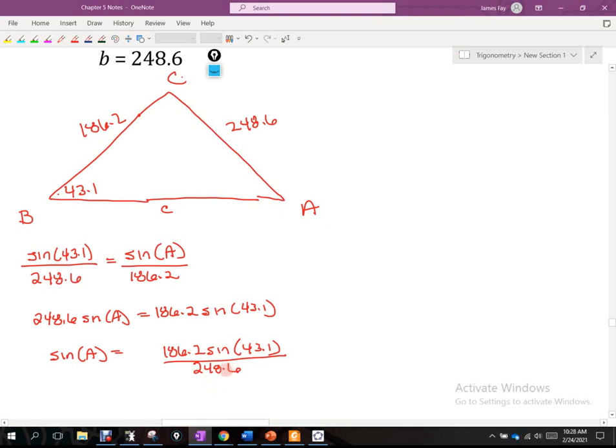Is everybody okay with that? How do I get this A out? Take the inverse. Inverse this side, inverse this side, and you're left with A equal to that stuff. I don't want to rewrite it again, it's the same exact stuff. All right, so let's type that in and see what we get.